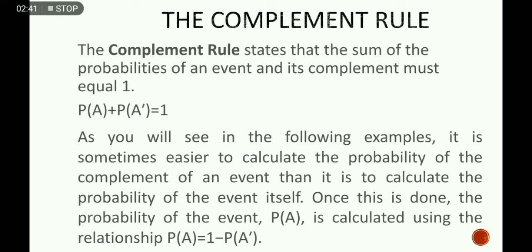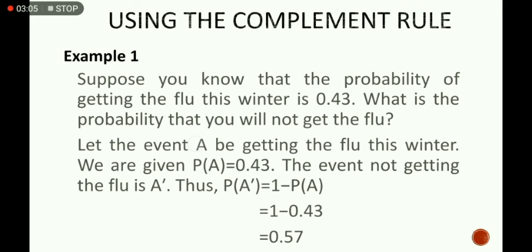Kung hahanapin mo yung probability ng event A, so 1 minus probability of complement A. Tapos kung hahanapin mo naman yung probability ng complement A, ima-minus mo lang siya sa 1, yung probability ng event A.